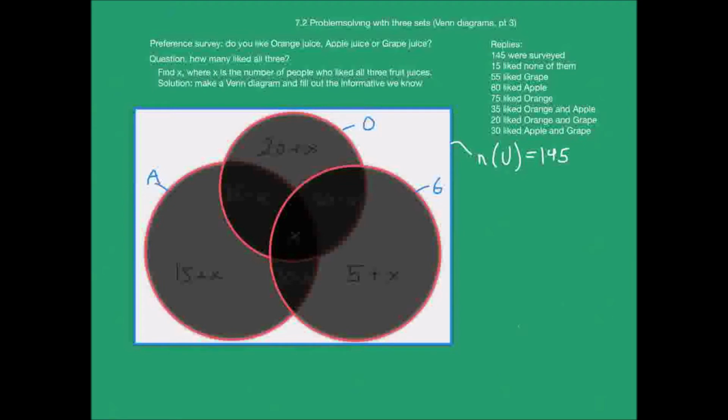And what we do is we choose one of the sets, for example, A. So this one. And we know that the number of elements in A is 80. Right, so now we're talking about this set here, right?